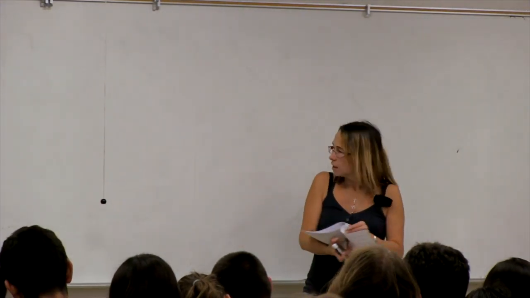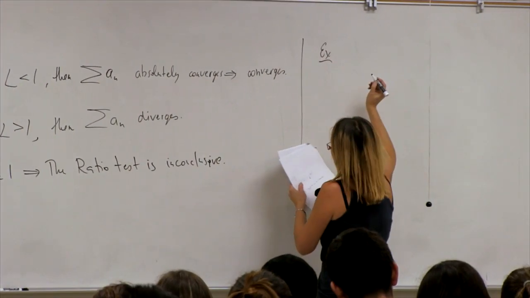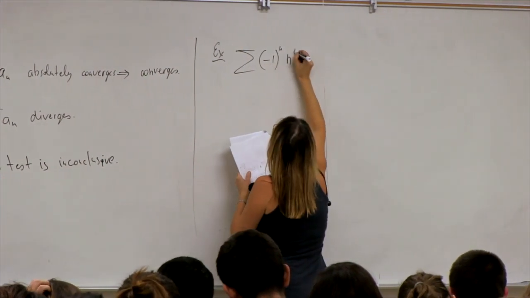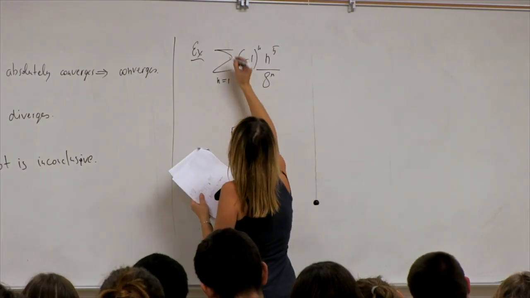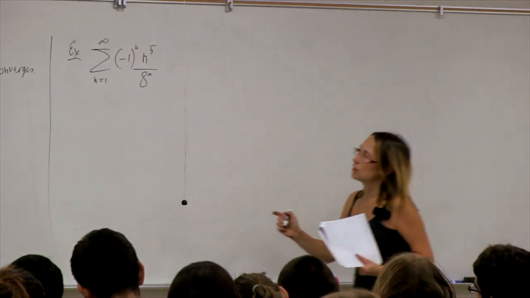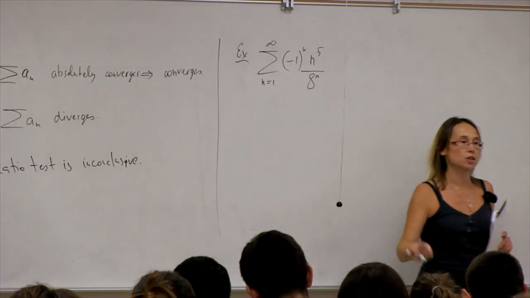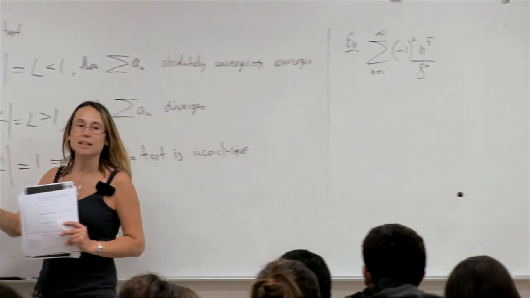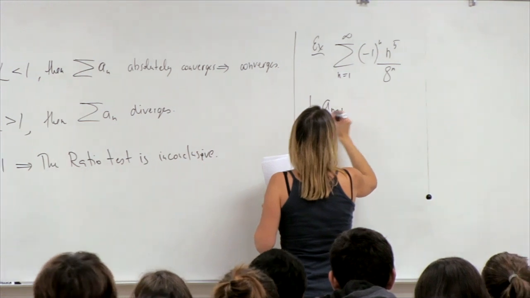So here's my first example. We're going to look at the series that looks like n to the 5 over 8 to the n. This is a perfect candidate to apply this test, because each term looks like a ratio, and when we write down this expression, it will simplify. This is the object that we always consider.